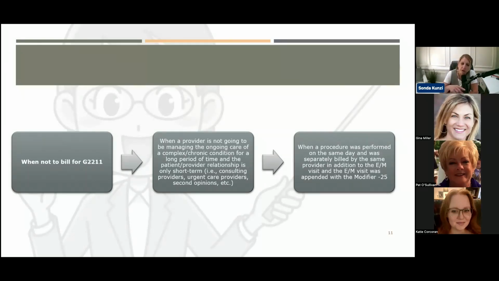And there's one other context out there. Now, I don't really like it, it just doesn't resonate with me why they chose this, because the doc still has a longitudinal relationship. But in this case, what they're saying is if your provider does a procedure on the same day and uses or needs to use a 25 modifier on the E&M code, let's say they came in for earwax removal.